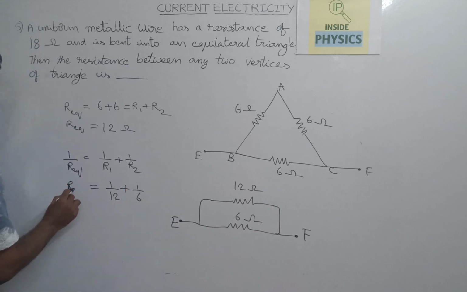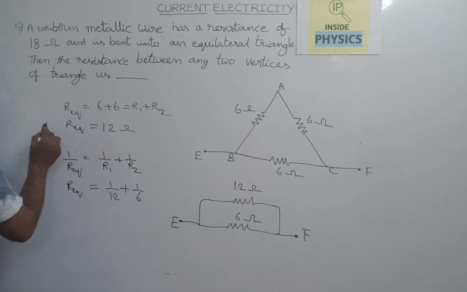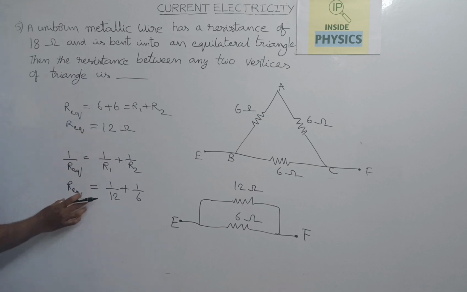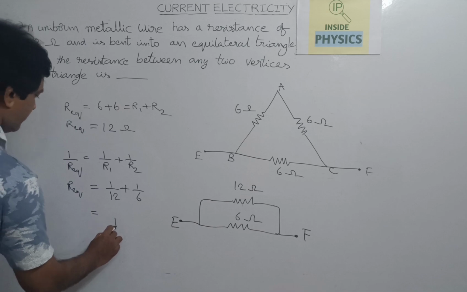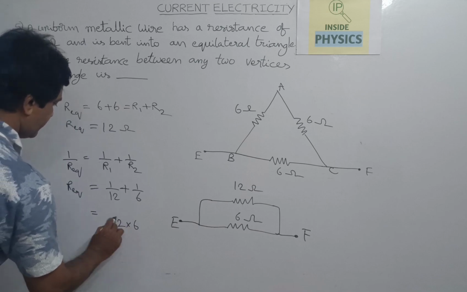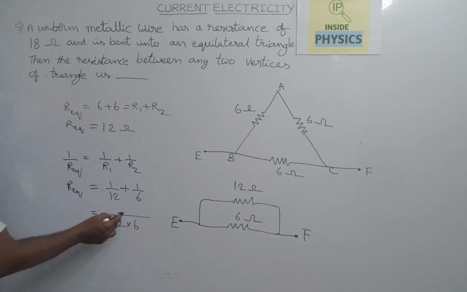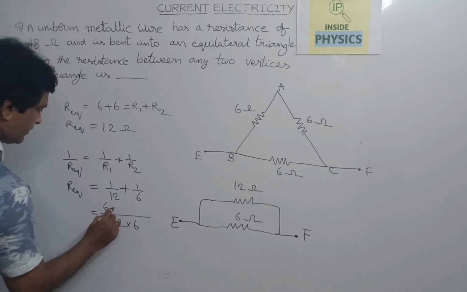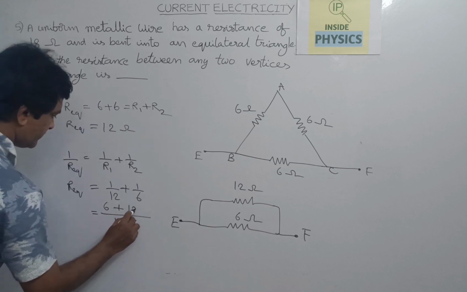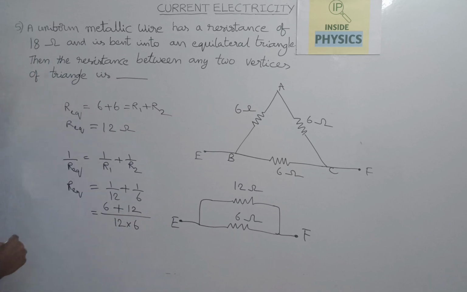Here it is equivalent in series, and this is equivalent resistance in parallel. So for 12 and 6, you take the LCM.